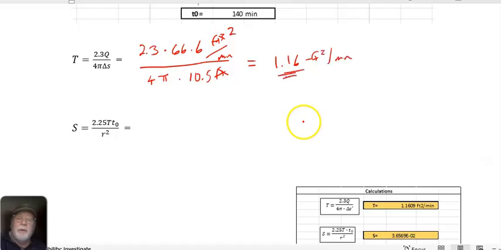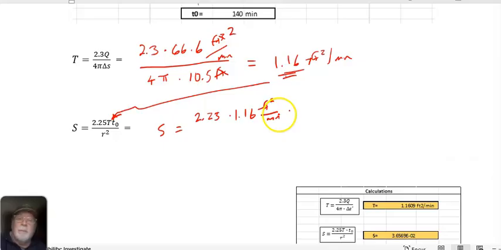Now that I have that number, I can go down into my S equation, plug it in there, and I have S equals 2.25 times transmissivity, 1.16 feet squared per minute, times the t0, which I picked off my graph, was 140 minutes, over r squared. r was 100 feet, and I square that.